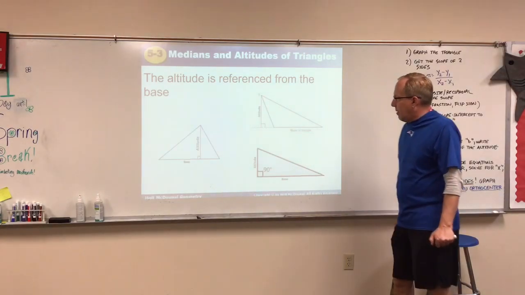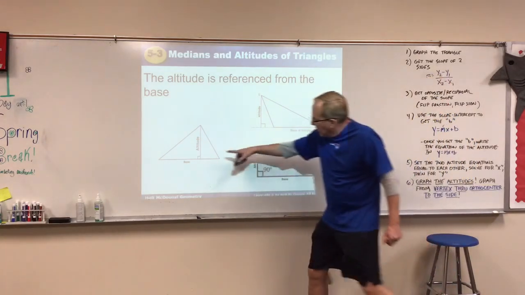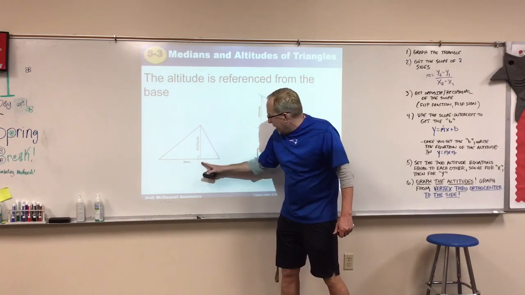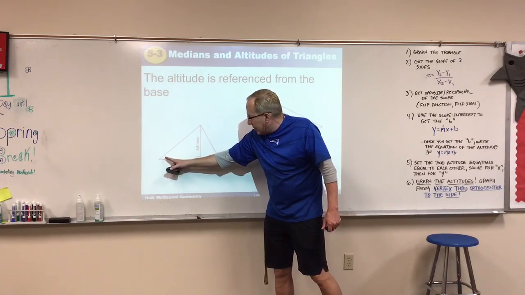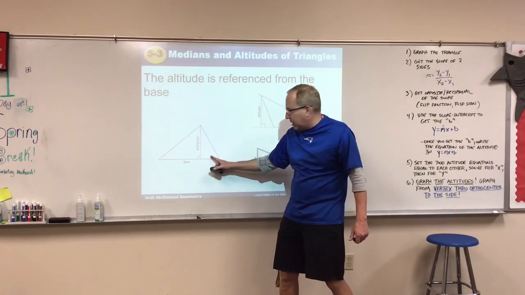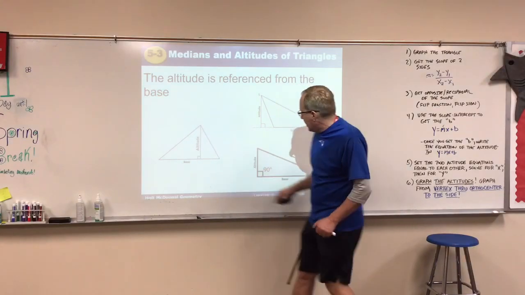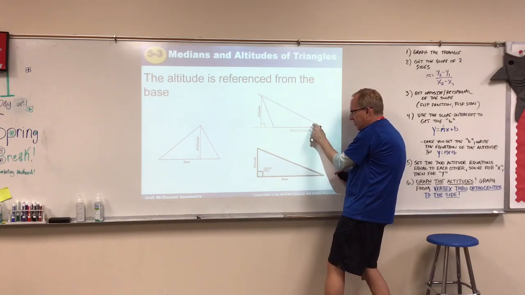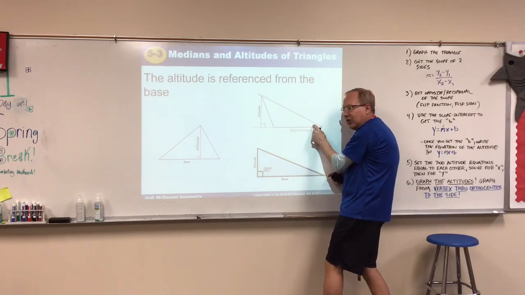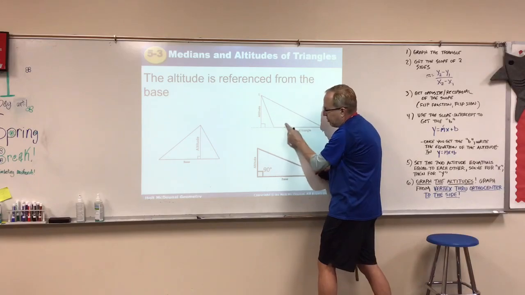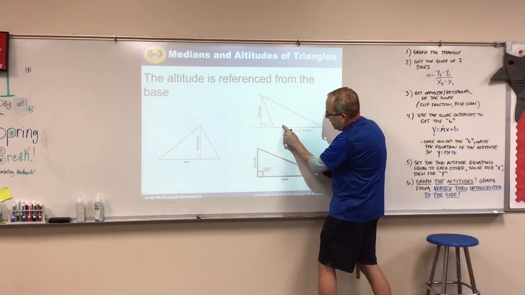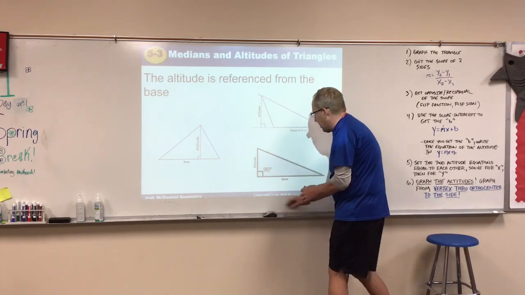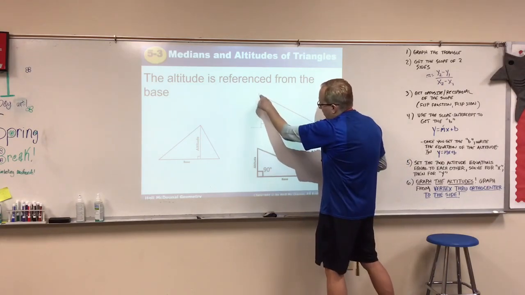All right. So again, here is the altitude of a base where you have the base of this segment here. The base has both acute angles, so the altitude will be on the inside. On this base right here, it has an acute angle right here, an acute angle right here, but this is an obtuse angle, so the altitude is outside the triangle, mainly because we can't draw from this vertex.